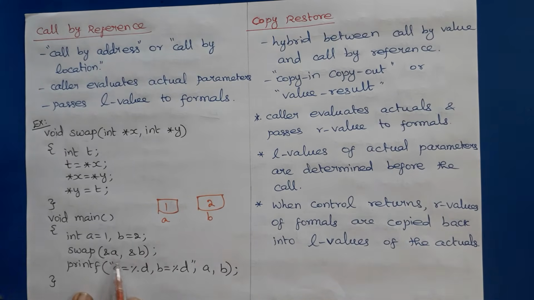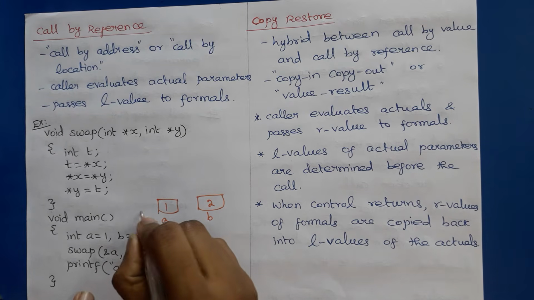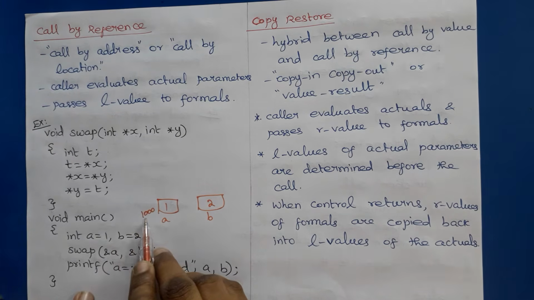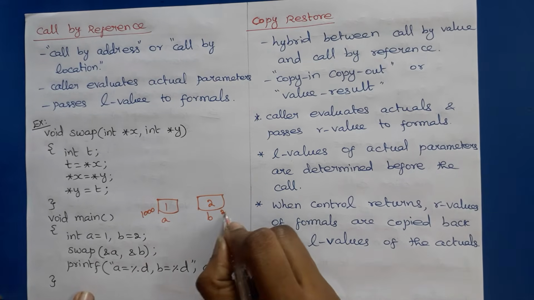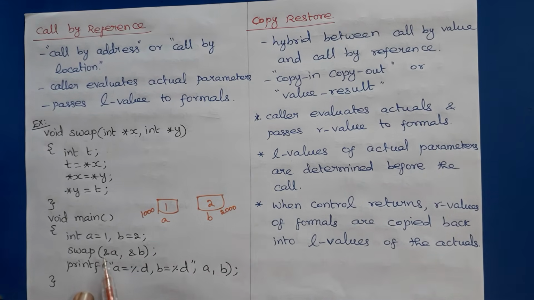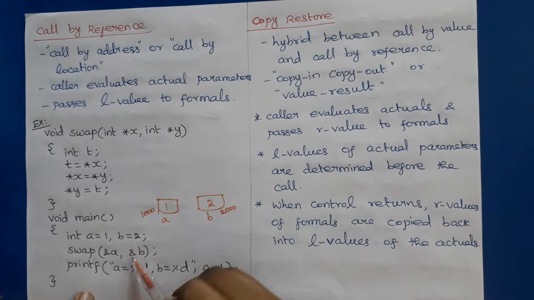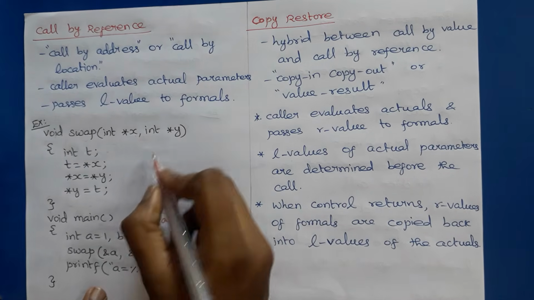Then ampersand A and ampersand B are passed as arguments. Ampersand means address of A. For example, assume that the address of this location is 1000 and this location is 2000. Then ampersand A and ampersand B are passed as arguments to the formal parameters.